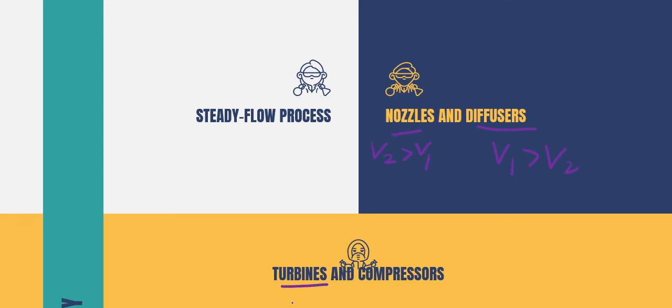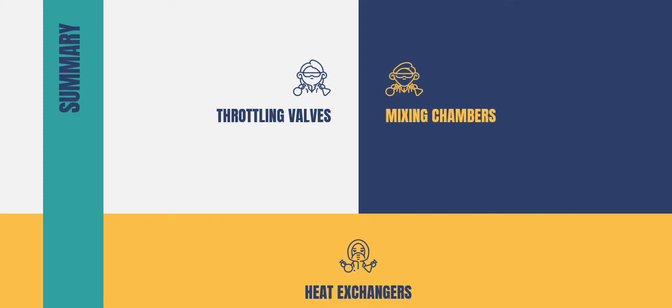For turbine there is work done or power generated by the turbine, but for compressor you require work, so you have W in. And for throttling valve, enthalpy is constant.